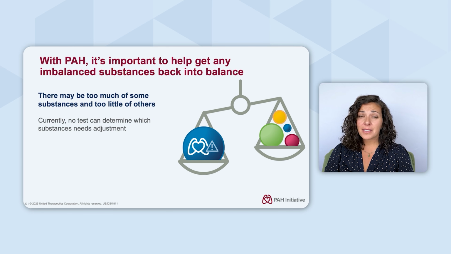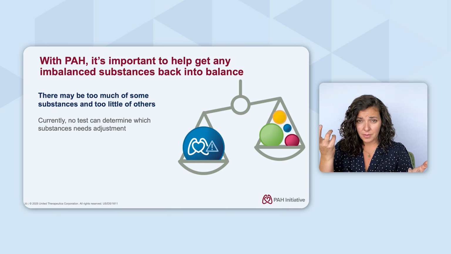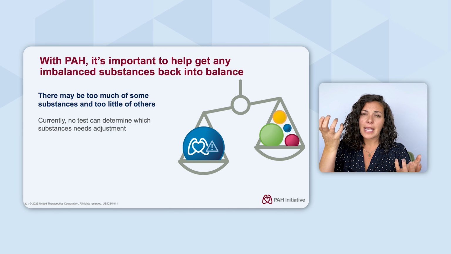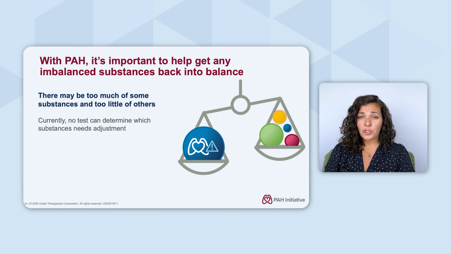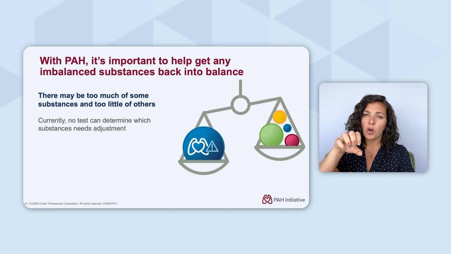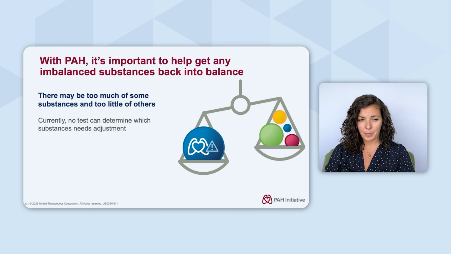Now, patients living with PAH get an imbalance of these substrates. You have too few of some and too much of others. And this imbalance is actually what drives the growth and the narrowing of the blood vessels. So we try to target balancing back out these substrates to see if we can open those vessels back up.